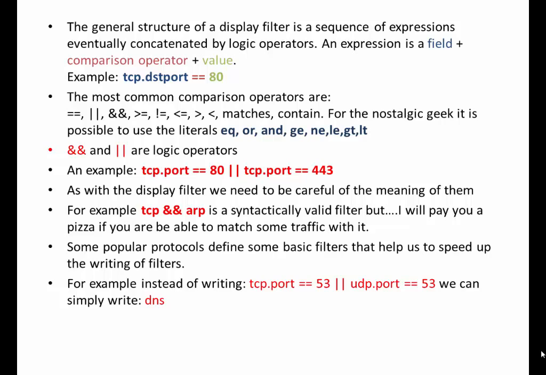We always have to remember DNS uses mostly UDP, but it can use TCP as well, especially for zone transfers. Instead of writing all of that, you can simply write down DNS. DNS means that.